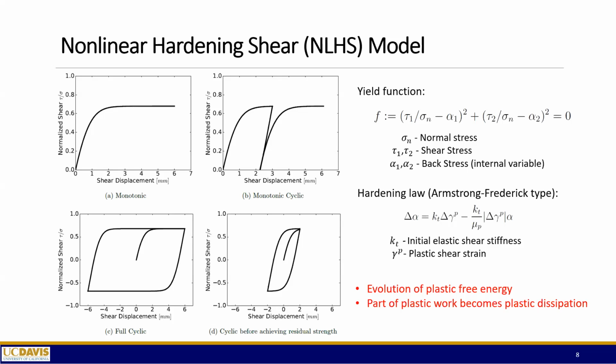The main difference for energy in this model is that now we have the actual internal variable, which is the back stress. So the evolution of the plastic free energy is actually happening for this model. That also means that only part of the plastic work becomes the plastic energy dissipation.